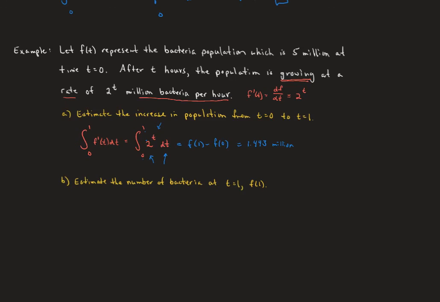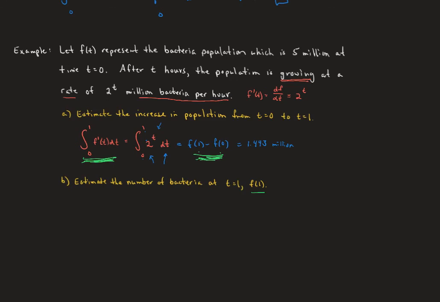Now, the second part of this question wants us to estimate the number of bacteria at t equals 1. That is, can we find f of 1? Well, here is a huge relationship that we are going to make a big deal of and use all the time in the days that come. This integral of the derivative is related to the value of the function at the end and the beginning of the interval.